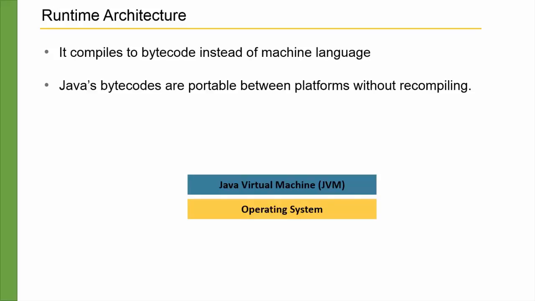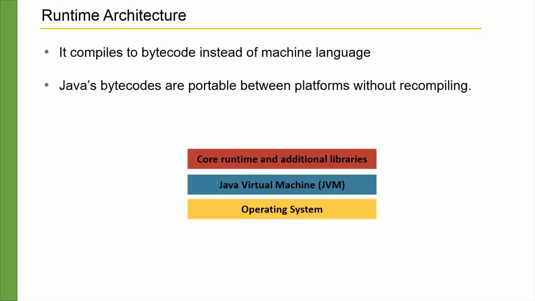And on top of the virtual machine, you add the core runtime and additional libraries. The core runtime is sometimes called the Java class library. Java class library is a set of dynamically loadable libraries that Java applications can call at runtime. Because the Java platform is not dependent on a specific operating system, applications cannot rely on any of the platform native libraries.